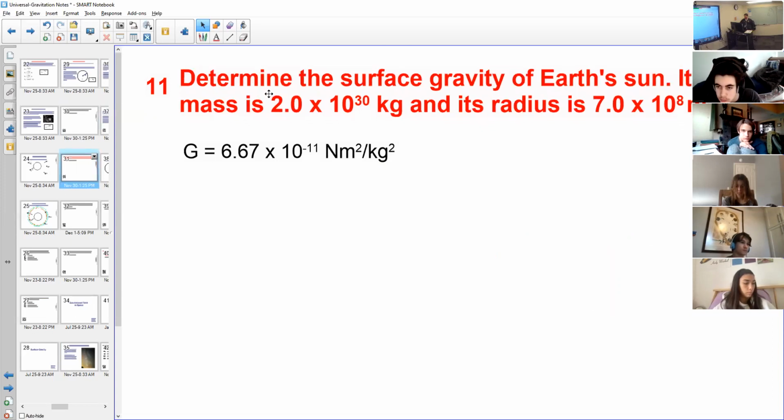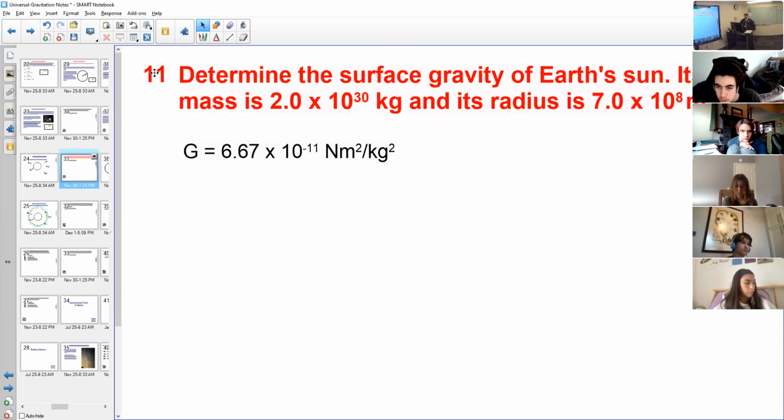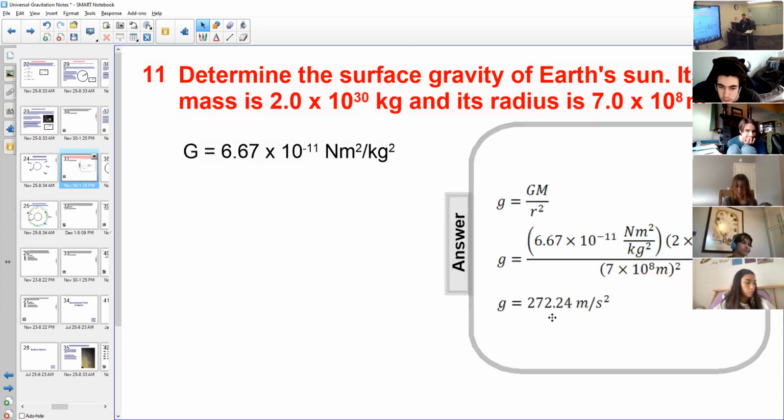If you were asked to find the surface gravity, or the acceleration due to gravity, on the sun, if you knew the mass of the sun and the radius of the sun and the value for G, we can find out the acceleration due to gravity for the sun would be 272, so much, much larger than the Earth's 9.8.